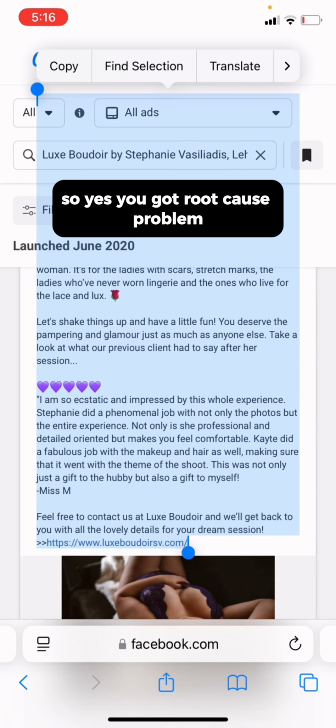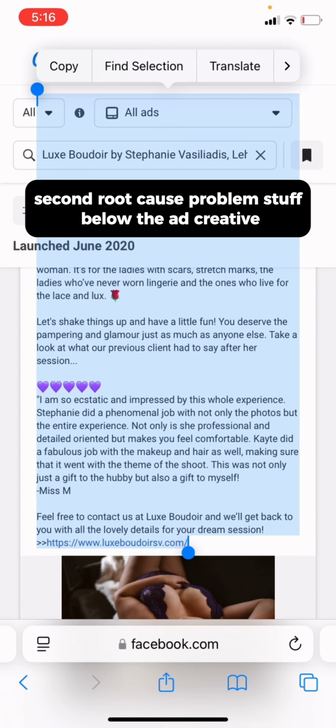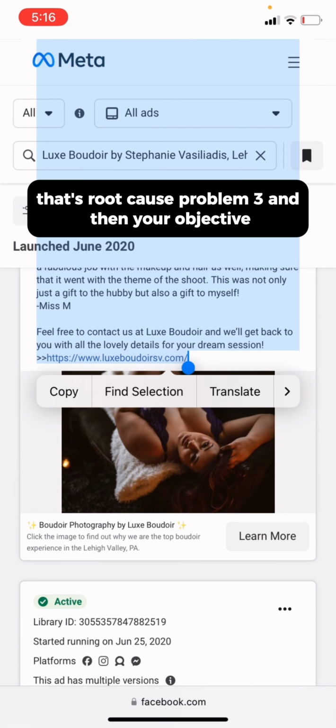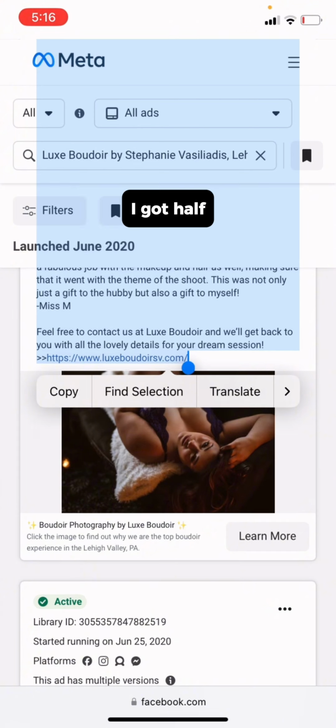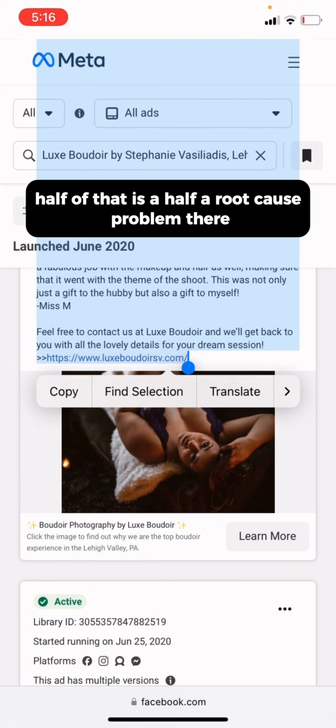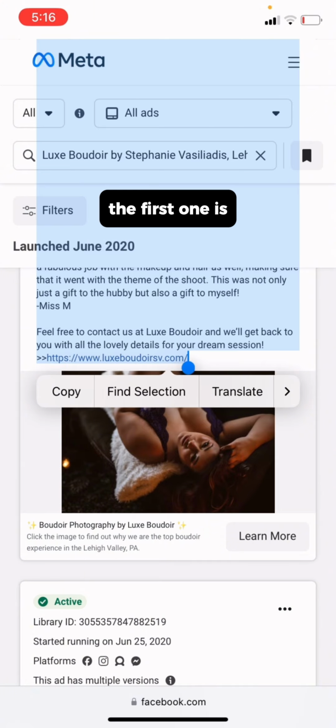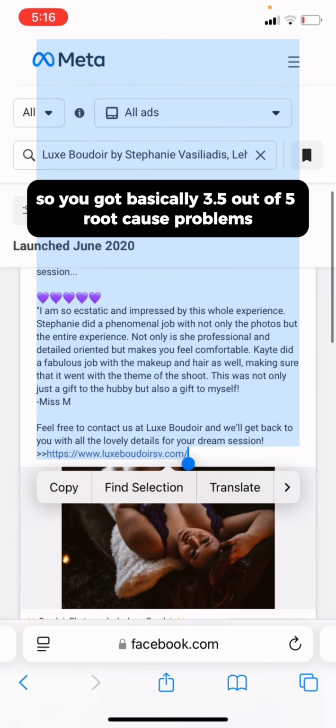So yes, you got a root cause problem. Second root cause problem, stuff below the ad creative, that's root cause problem 3. And then your objective, you got half. Half of that is half a root cause problem there. So I've got 2 options for solving this. You get basically 3.5 out of 5 root cause problems.